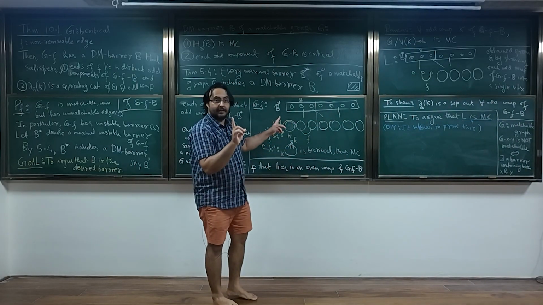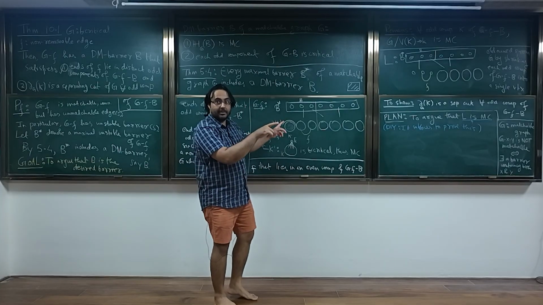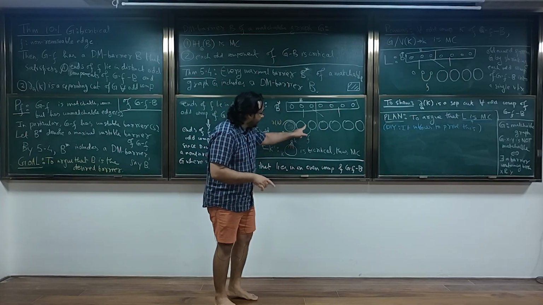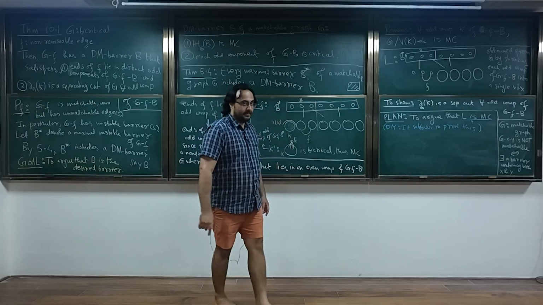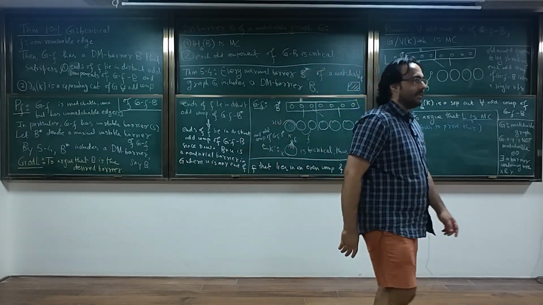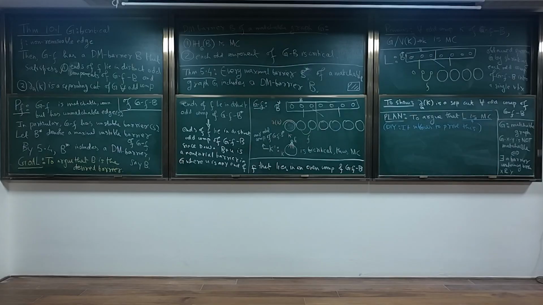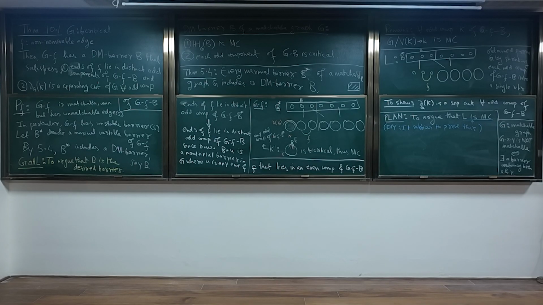That is actually not matching covered. That is what that example demonstrates. But if you shrink only these fellows, then it's matching covered. So what this demonstrates is that somewhere we need to use the Dulmage-Mendelssohn-ness that is going on here. Right? Otherwise you are not going to get this. Okay.